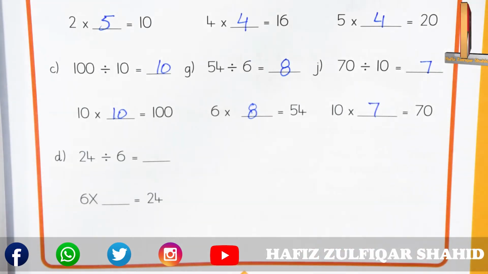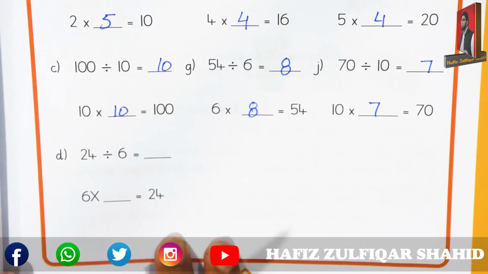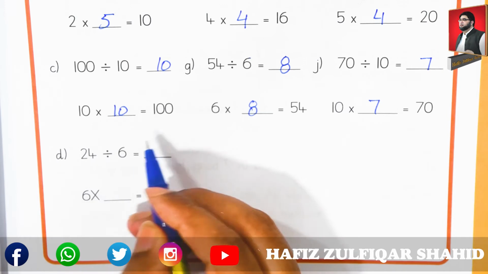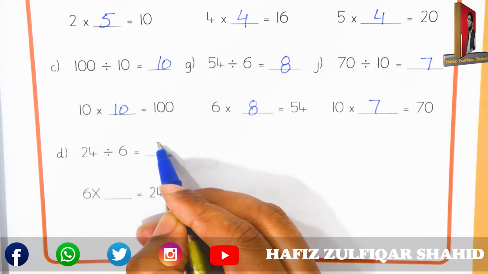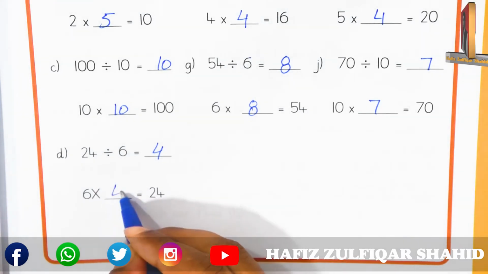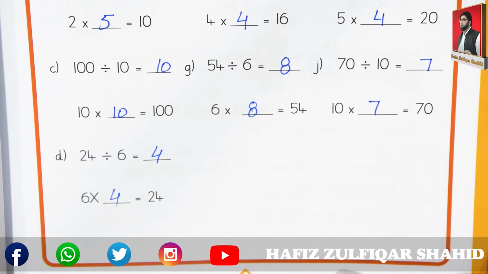Multiply 10 and 7, you can get 70 as the product of these two numbers. Now divide 24 by 6. 4 times 6 is 24. Multiply 4 and 6, you can check that it is 24.